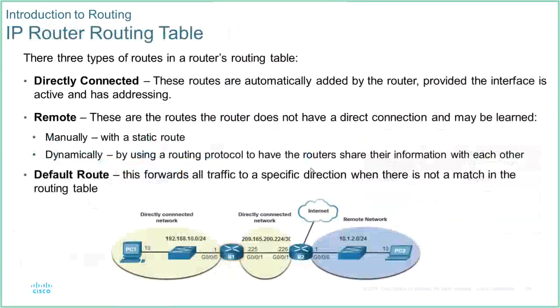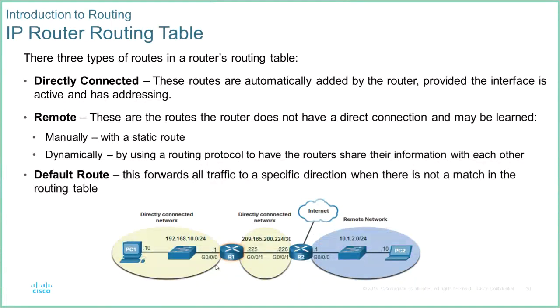The types of entries within the routing table are directly connected. Any cable connecting to a router is considered a directly connected route. Anything it learns from another device is known as a remote route, and these can be manually configured or learnt dynamically from routing table sharing, and we'll look at that later on.